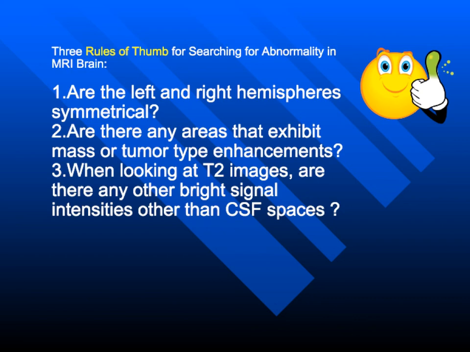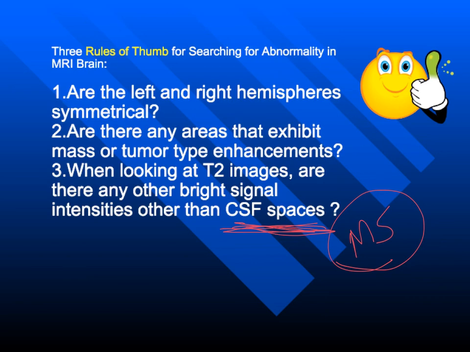And then number three, when you look at T2 weighted images, are there any other bright signals other than CSF spaces? We did say that the CSF spaces are supposed to be white. So are there any other areas that are white that are not supposed to be there? For example, in multiple sclerosis, those other white spots were not supposed to be there. So that's an indication of abnormality of the brain.